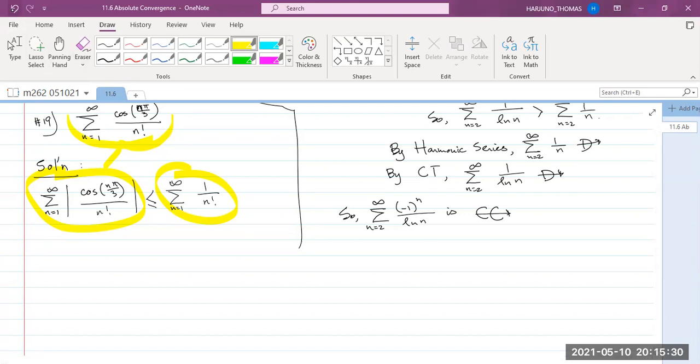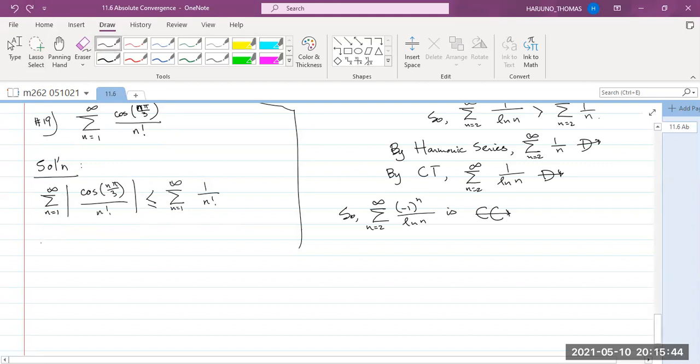Now I will do the ratio test on the series 1 over n factorial. So we have so many series to deal with here, right?